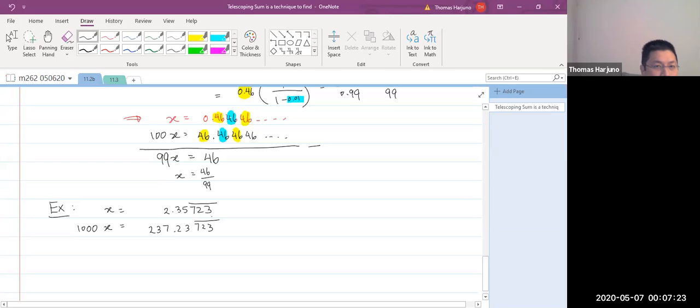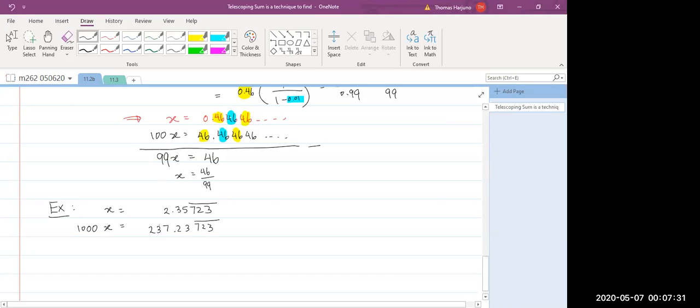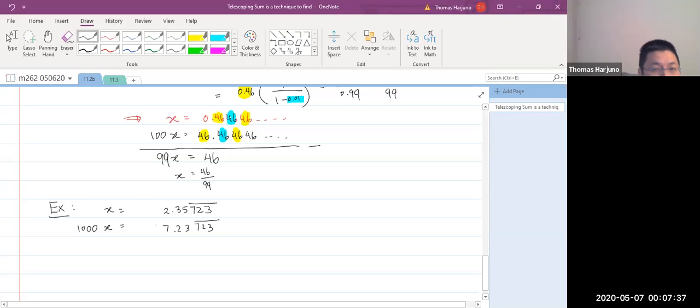Then the digits will move 4 to the left. Is it 4? I think I'm missing something. I'm missing a 5. Yeah, 2, 3, 5. Okay. Actually, I moved three digits to the left.